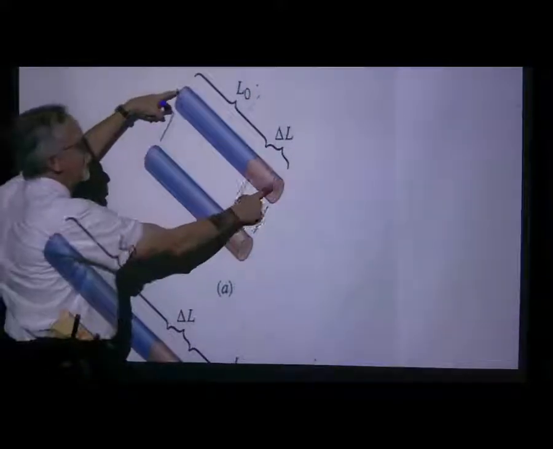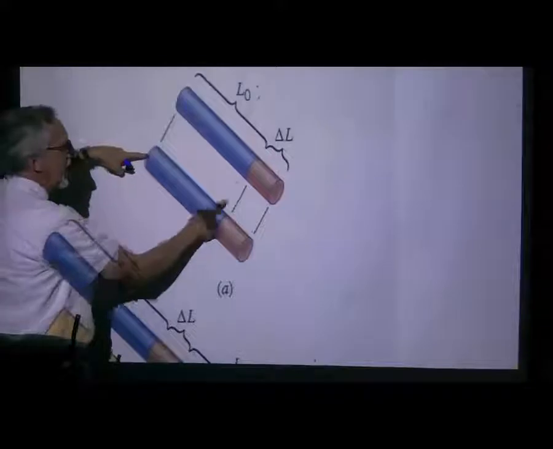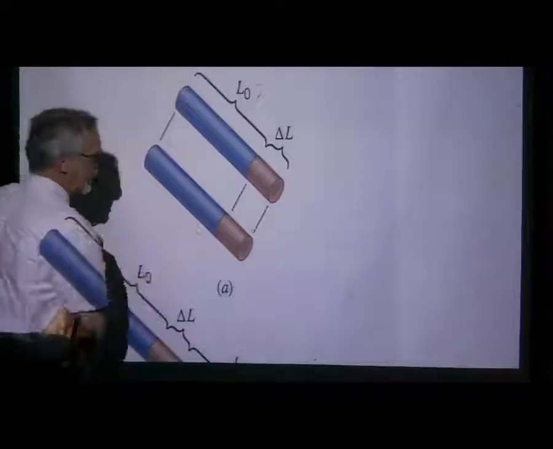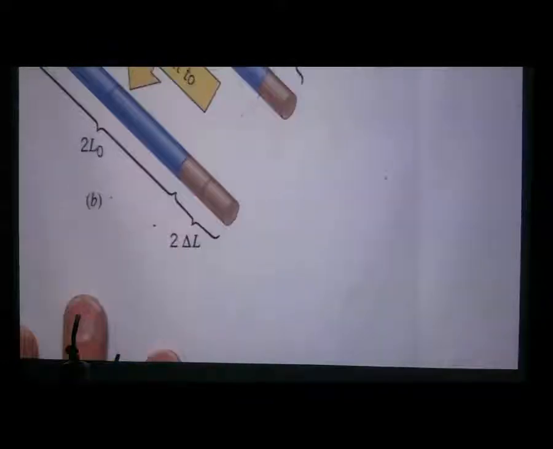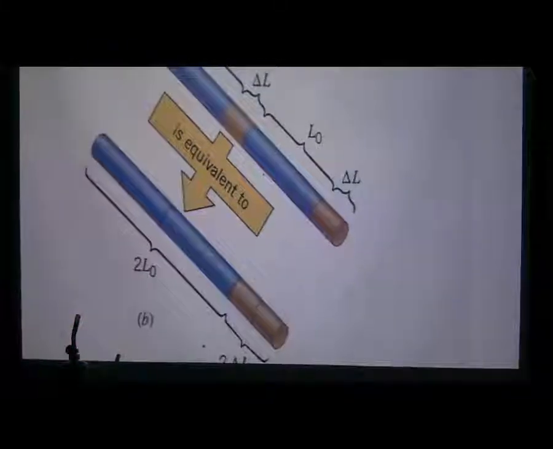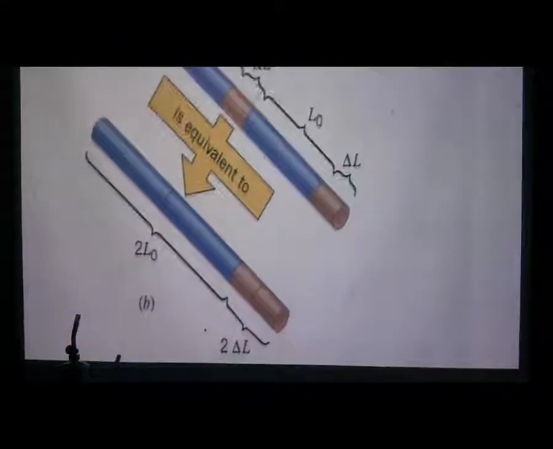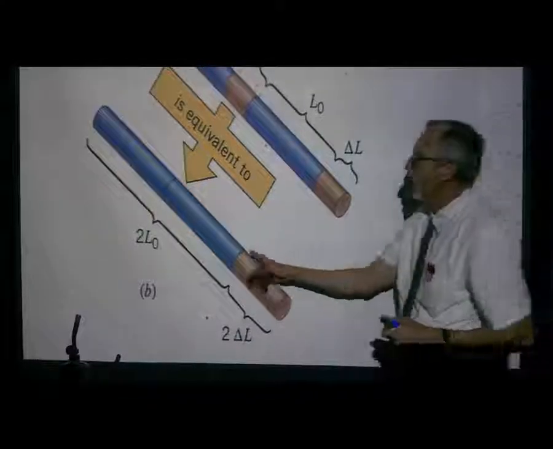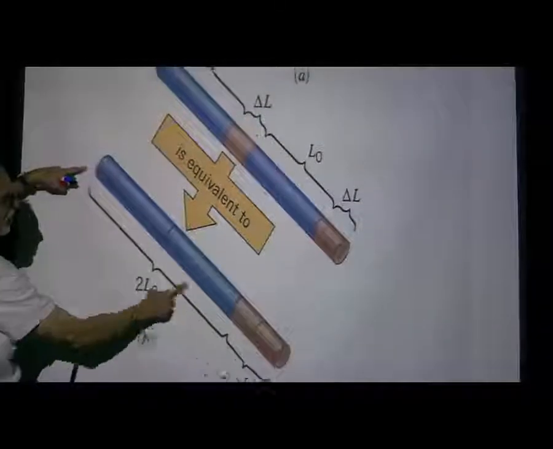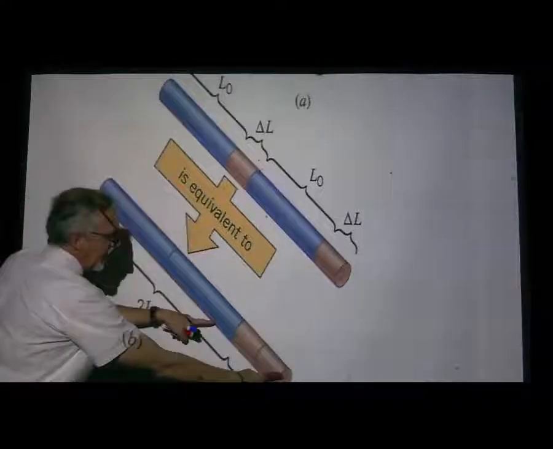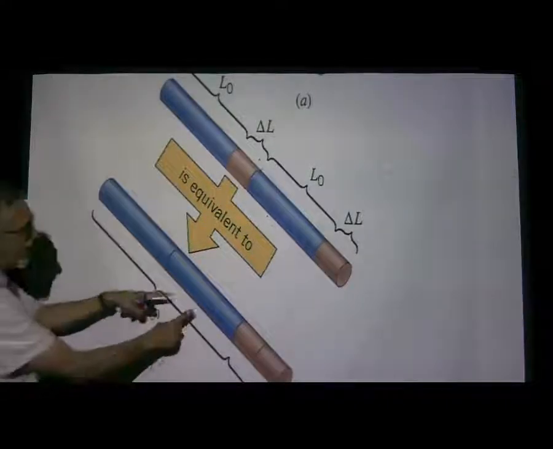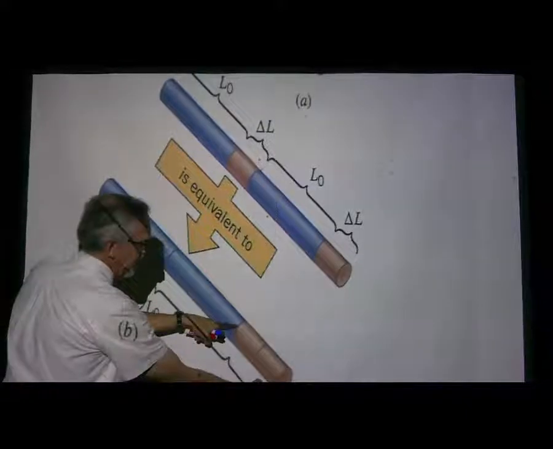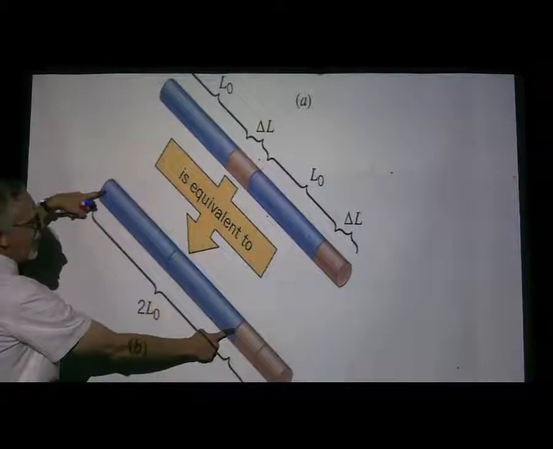Imagine we had two rods of exactly the same length. Each one would expand an amount delta L. If these rods were connected to each other, each one expanding an amount delta L, then a rod starting out with a length 2L naught, we would expect to expand a length 2 delta L. So the amount that the rod expands depends on the length that we start with.